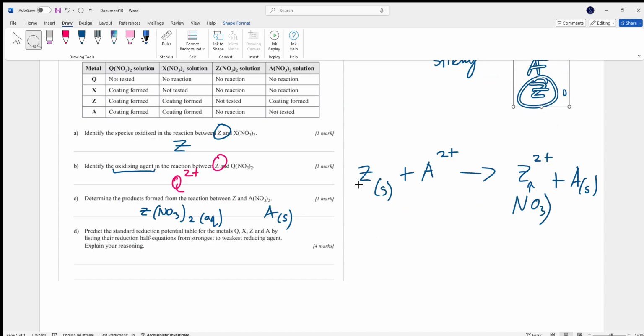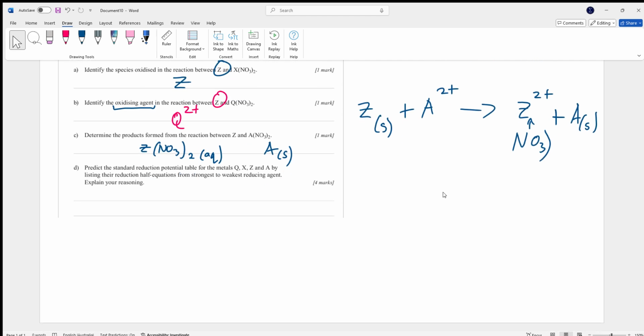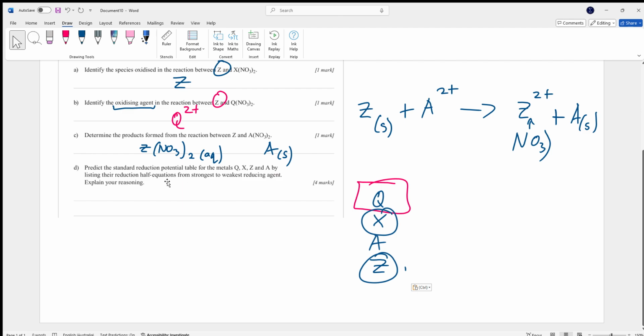So we know that Q is the strongest oxidizing agent. Now look at the wording in this question. They want the strongest reducing agent, aka the thing that loses electrons the easiest. So Z, you know, is already going straight up the top. Now they said list it in reduction half equations, so we have to write it as if it's gaining electrons.